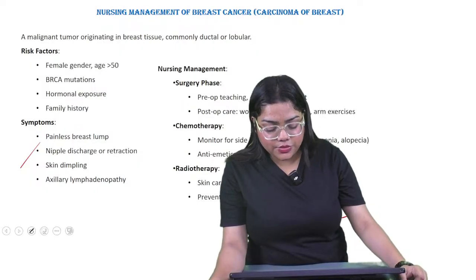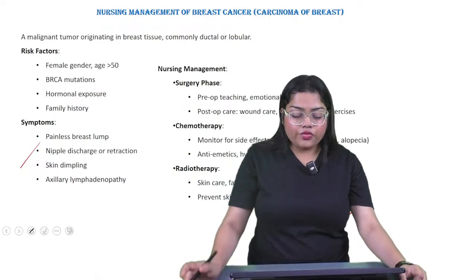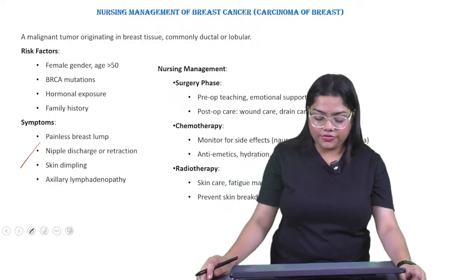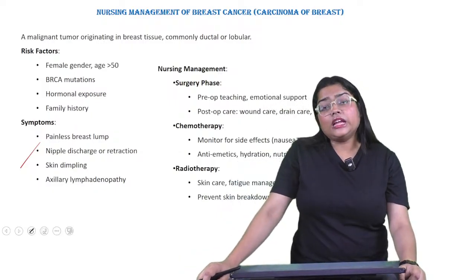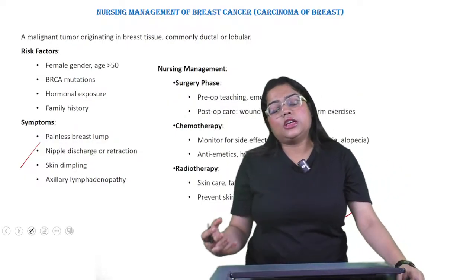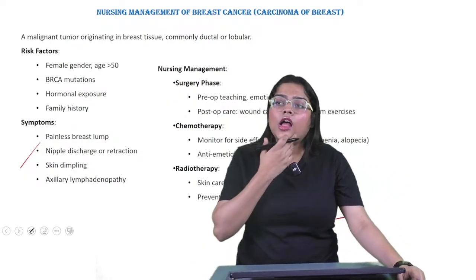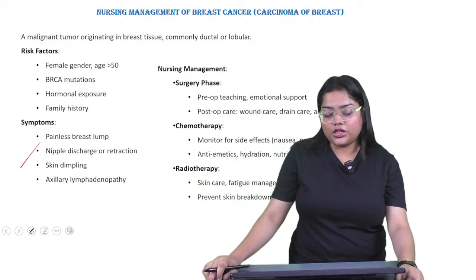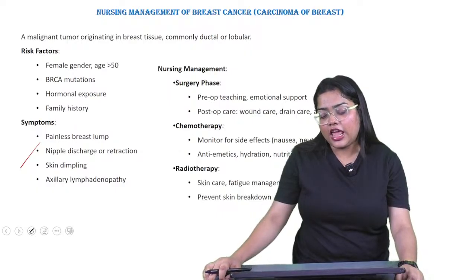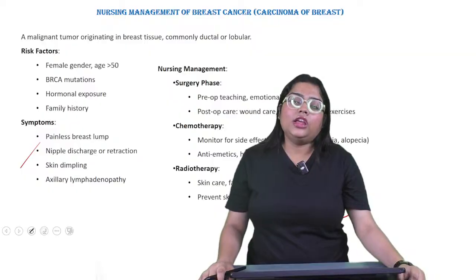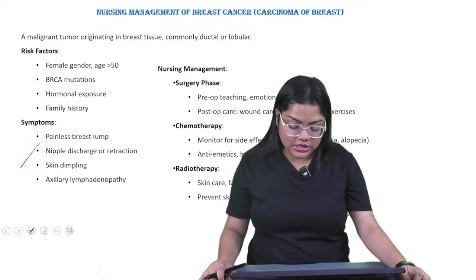Now nursing management. For the surgery phase, we have to do pre-operative and post-operative teaching. We can give emotional support and provide knowledge regarding surgery and the complications that can come, and explain to the patient. Then post-operative care like wound care, drain care, and arm exercise is needed for the patient having breast cancer surgery.